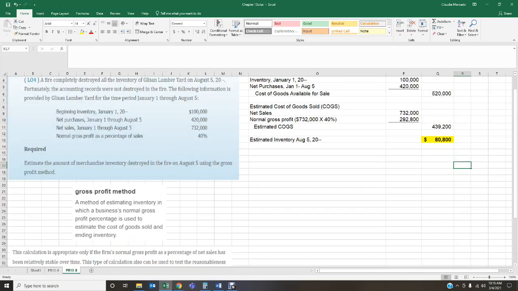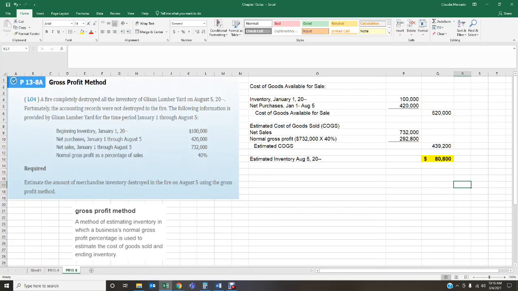So if we had about 38-39% normal gross profit as a percentage of sales, 40-41%, if it aligns, they usually get an average, and that's the average that insurance companies utilize for cases like this where a fire destroyed all of the inventory and we can't get an actual count of what was burned. This is a very reasonable way of estimating your inventory as of a specific point in time based on a gross profit percentage.